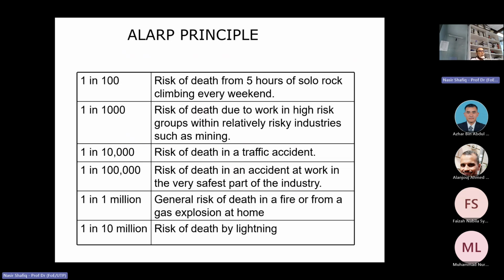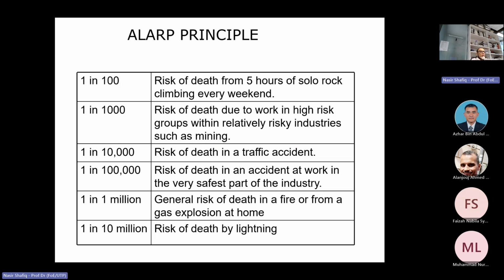So these are the ALARP principles, which talk about the risk. 1 in 100 risk of death from 5 hours of solo rock climbing every weekend. This principle shows how you define the risk. The probability of failure is 1%, 1 in 100.